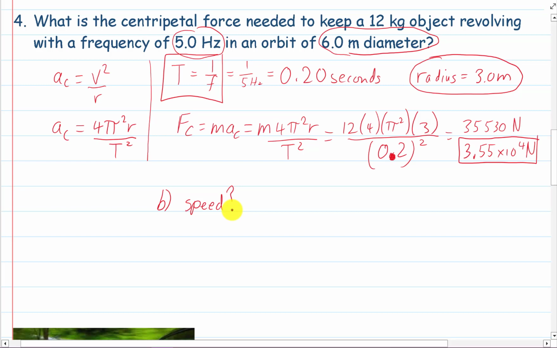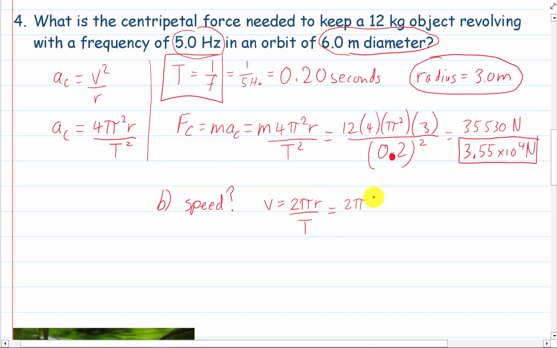Nice cup of coffee. Here we go. V is what we're trying to calculate. So velocity can be calculated by the circumference, 2 pi r, over the time. And that's just one way to calculate it. There's lots of different ways. We get distance over time, and the distance is the circumference over the time.